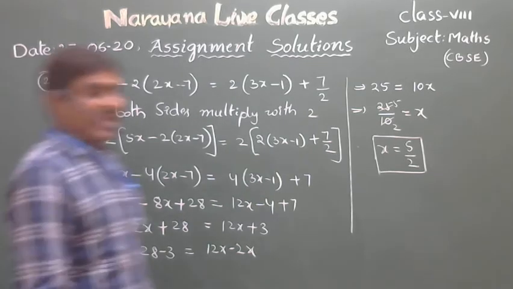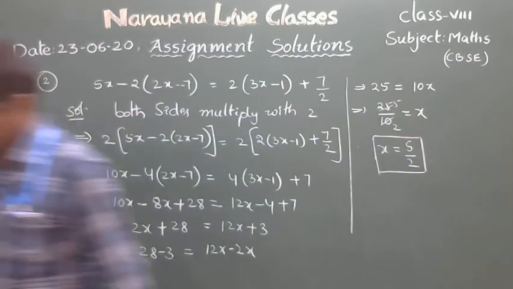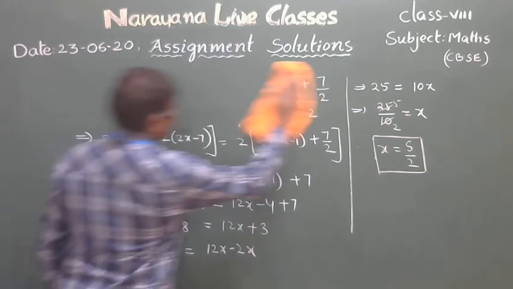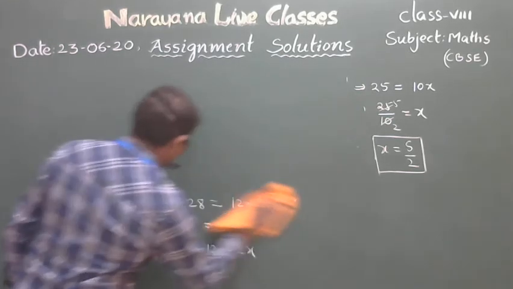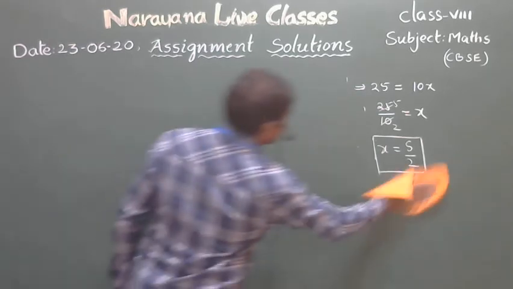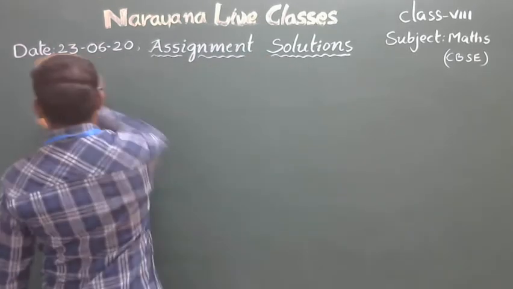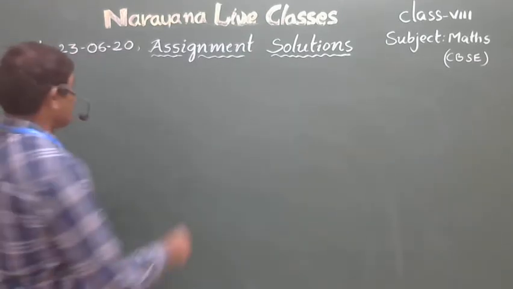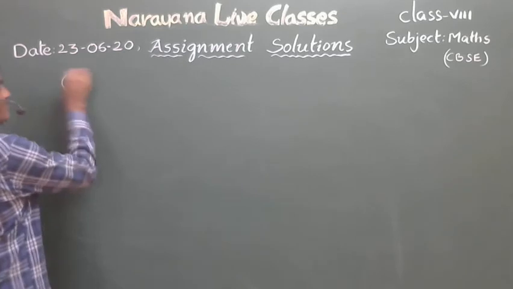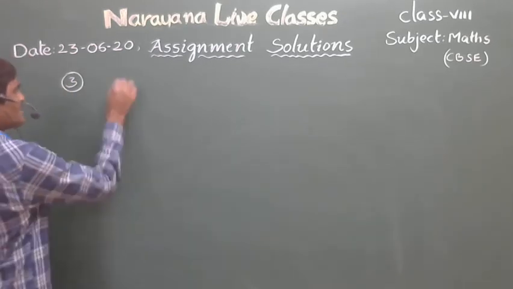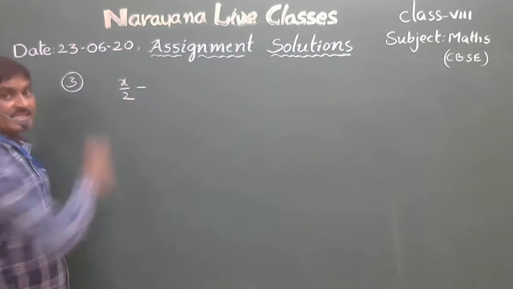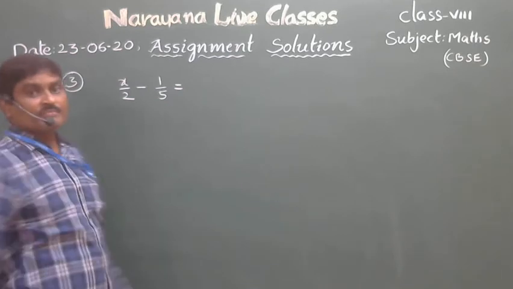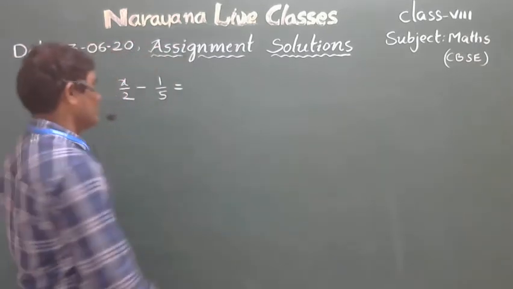Okay, let me explain the third one. The third question is x by 2 minus 1 by 5 equal to x by 3 plus 1 by 4.